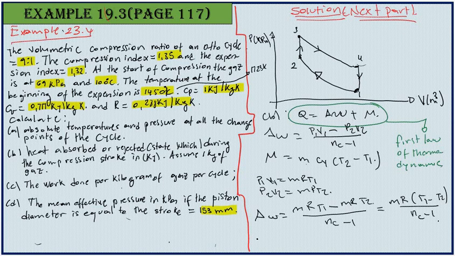So there we go. We can also say that the work done is given by this relation here. The reason to use this relation is because I don't have the volume. I didn't compute the volume. I only computed the pressure and the temperature on each corner.